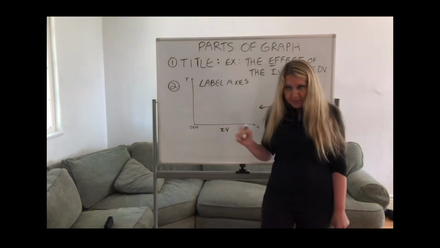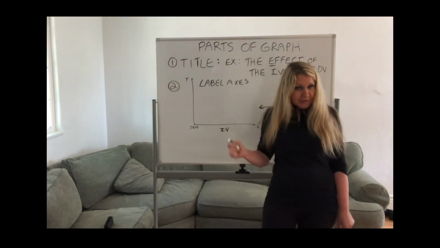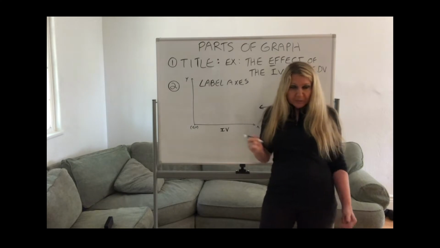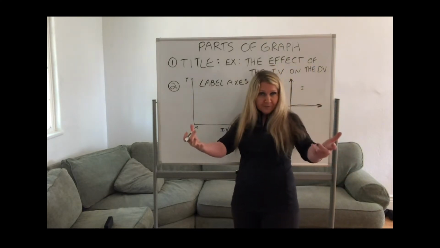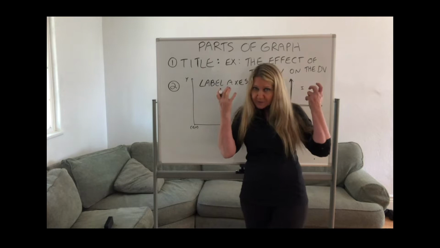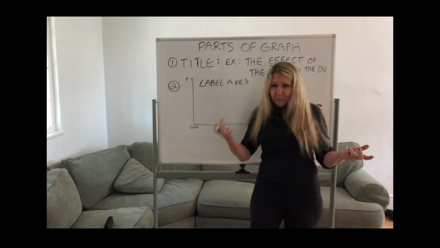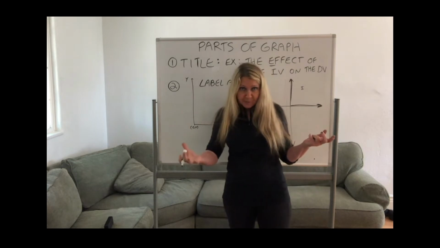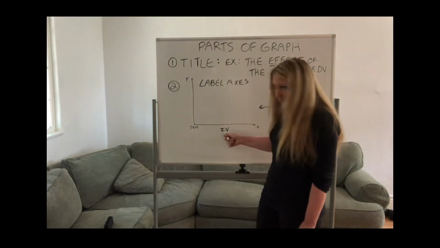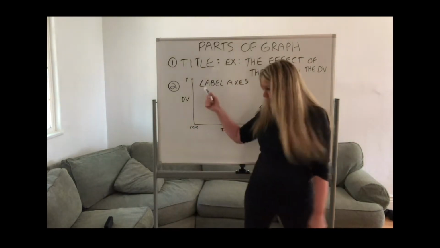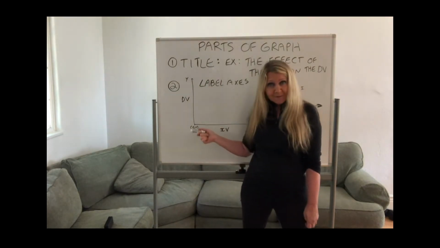It could be time, it could be wingspan, it could be whatever it is. It's just the cause. Even though it's not always a cause and effect relationship, the independent variable is the thing that you changed in the experiment. It goes here. Dependent variable always goes on the y-axis.